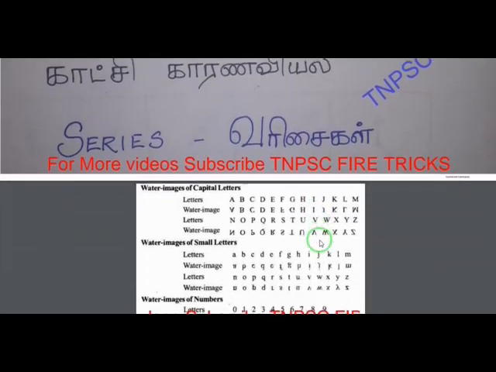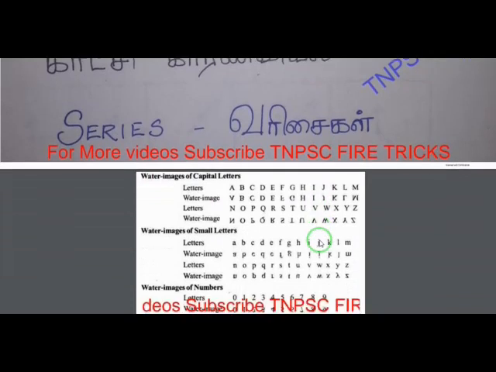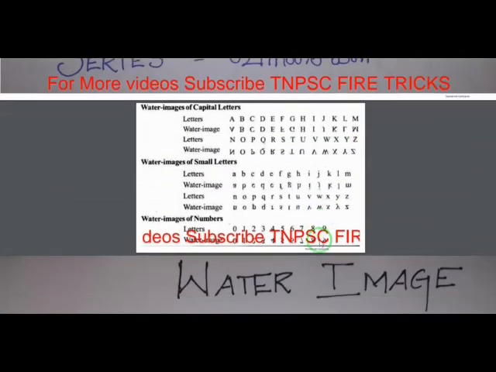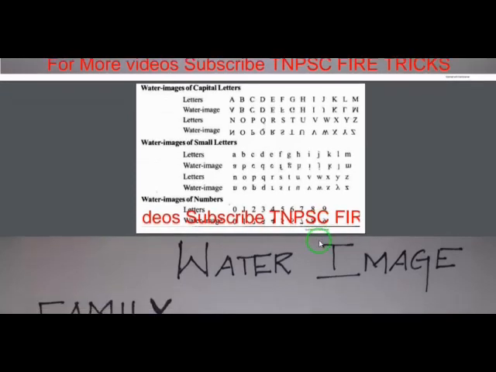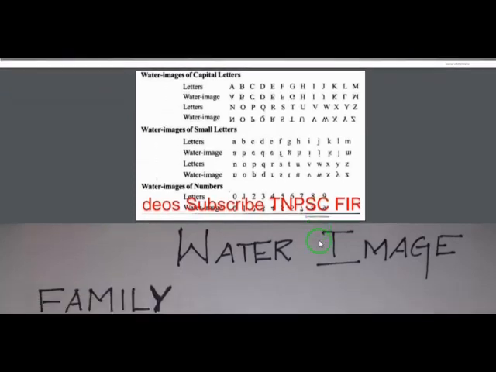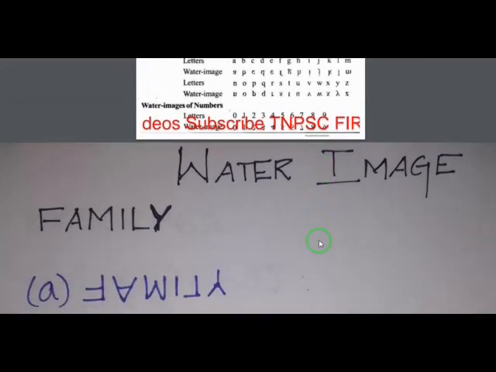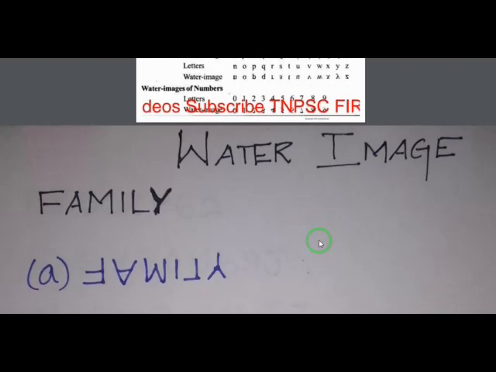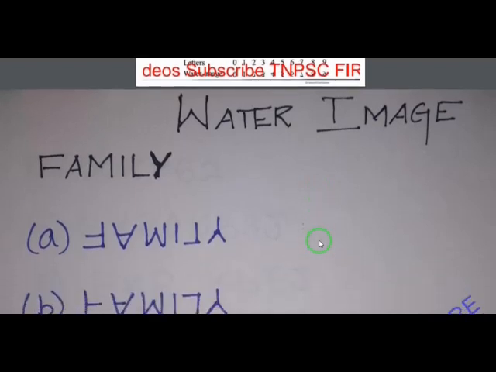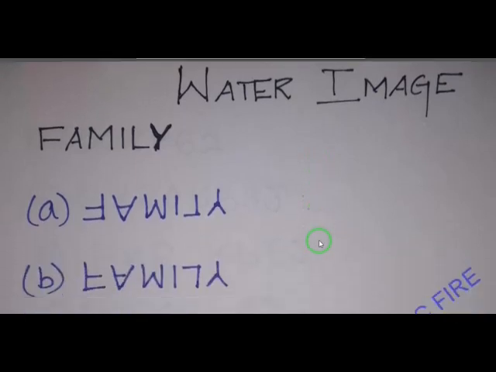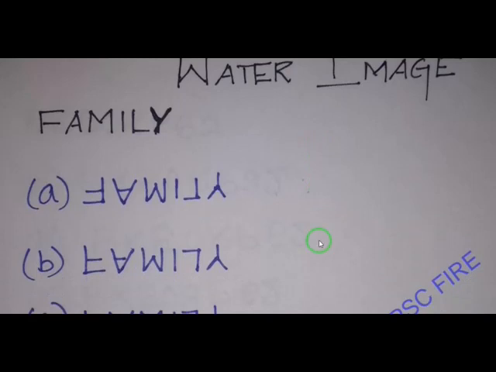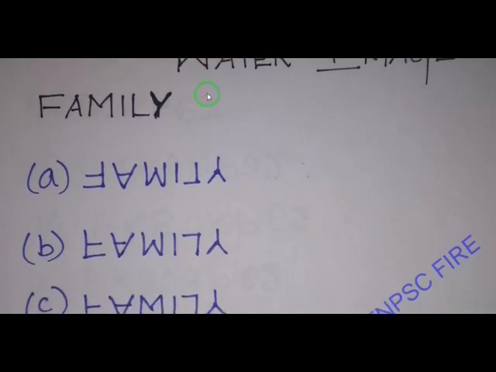Some members forget this table in exam tension, so I am going to tell you a small technique to solve water image problems.